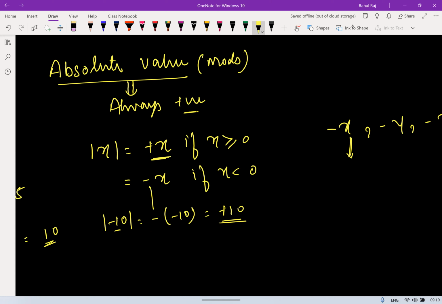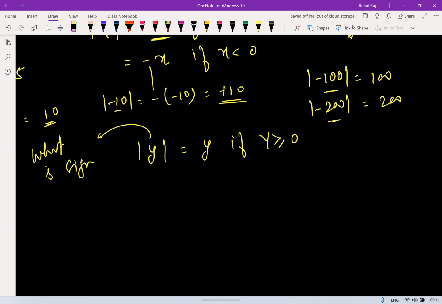But the logic where people get confused is when a variable is coming out of a mod. We aren't sure about the sign of this variable, right? So we have to ensure, Alexa, that both assumptions are taken into consideration: mod y is equal to y, positive y, if y is greater than or equal to 0, and mod y is equal to negative y if y is less than 0.